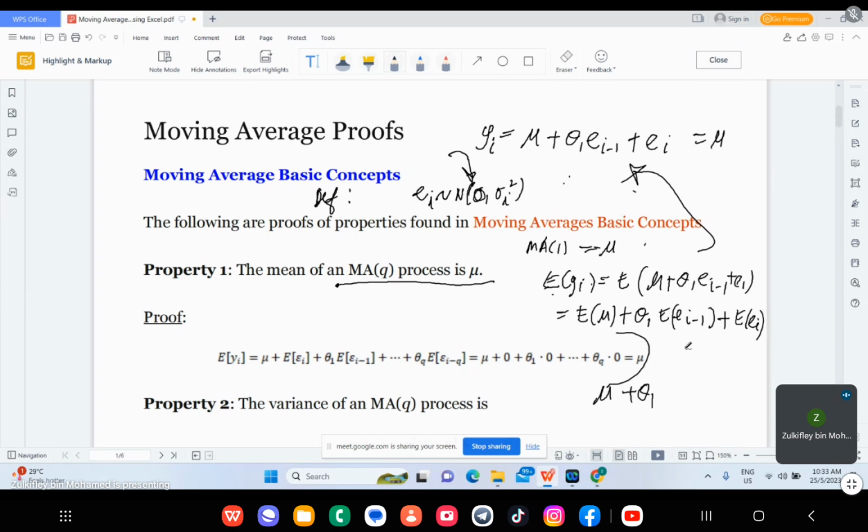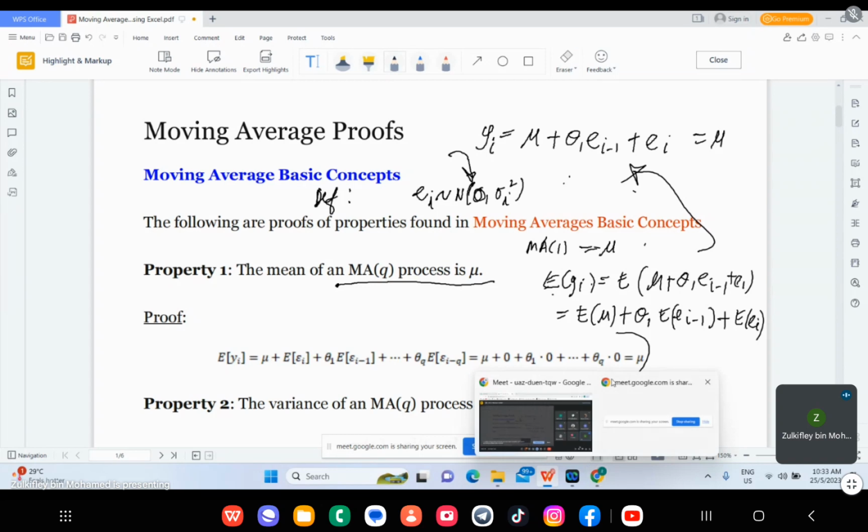So expected of epsilon I minus 1 is equal to 0 plus expected of epsilon I also equal to 0. So 0 plus 0 is equal to 0, and plus mu is equal to mu. That is why we get the mean for MA1 is equal to mu.